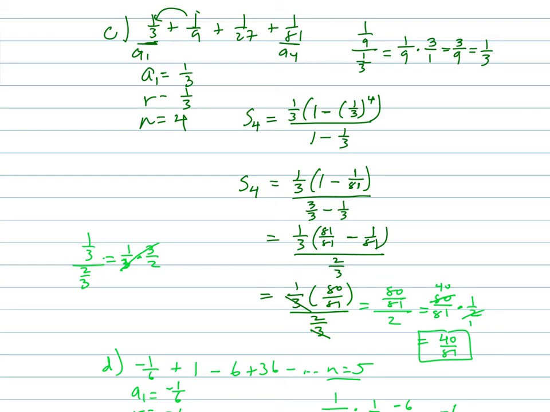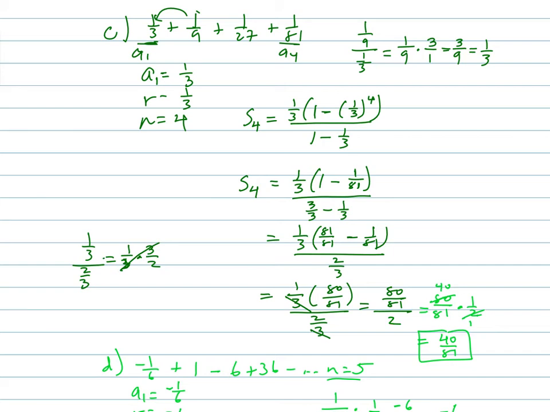Now what can I do with these 3's? Now remember, 1/3 divided by 2/3 is the same thing as 1/3 times the reciprocal of 2/3, which is 3/2. So we can see that the 3's are just going to become 3 over 3, an equivalent form of 1. So really you can just cross off the 3's. So we are left with 80 over 81 divided by 2.